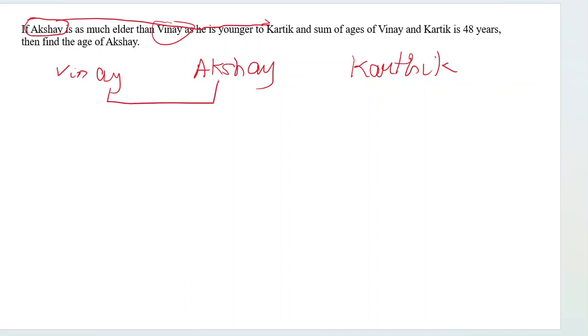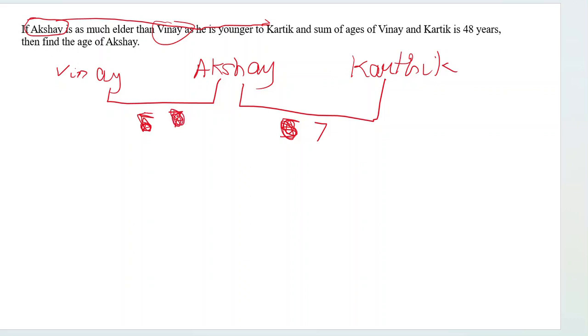Now this gap, Akshay to Vinay, whatever is the age gap, is equal to this gap, Akshay and Karthik gap. That is what it says. If this gap is say 7, then this gap is also 7.